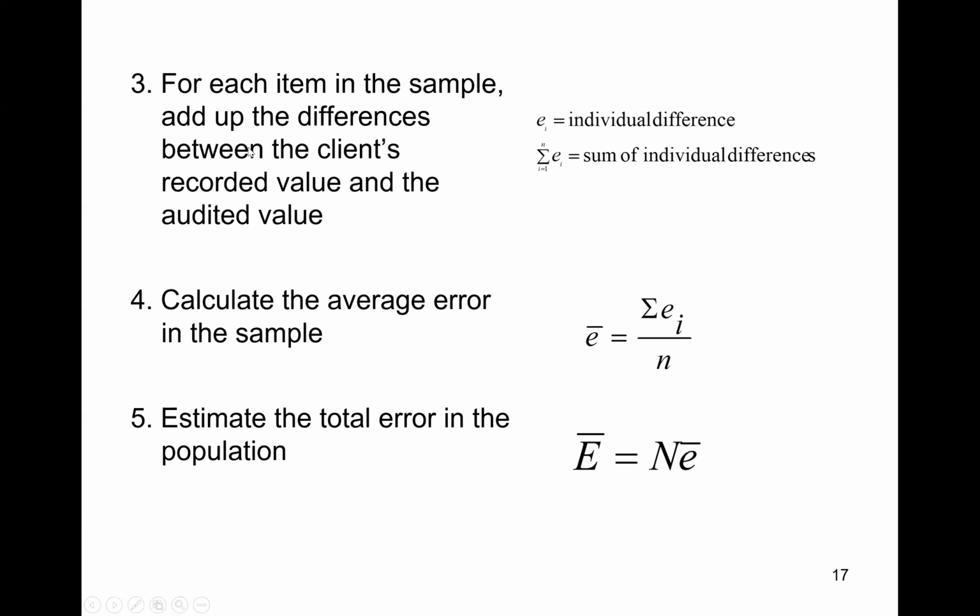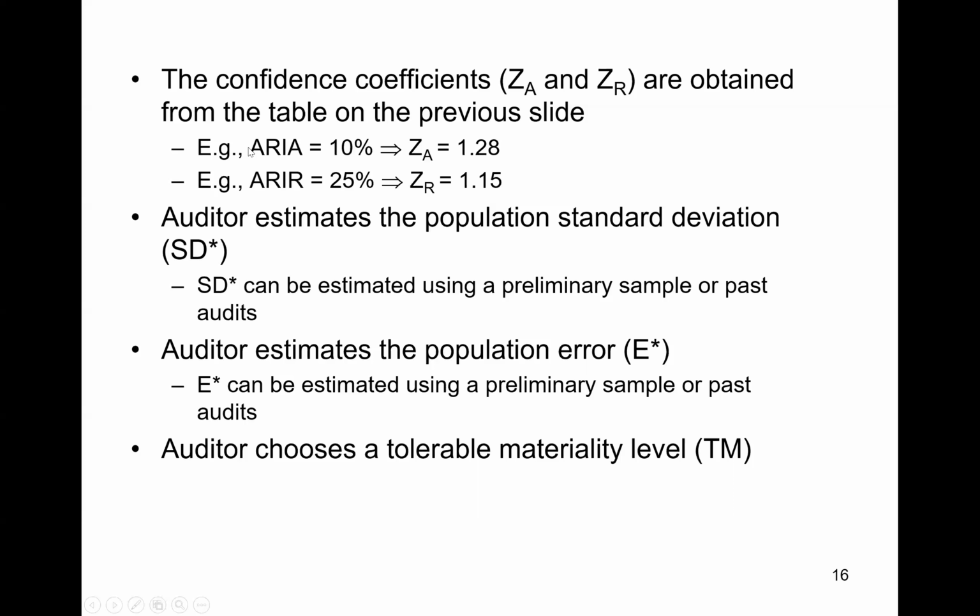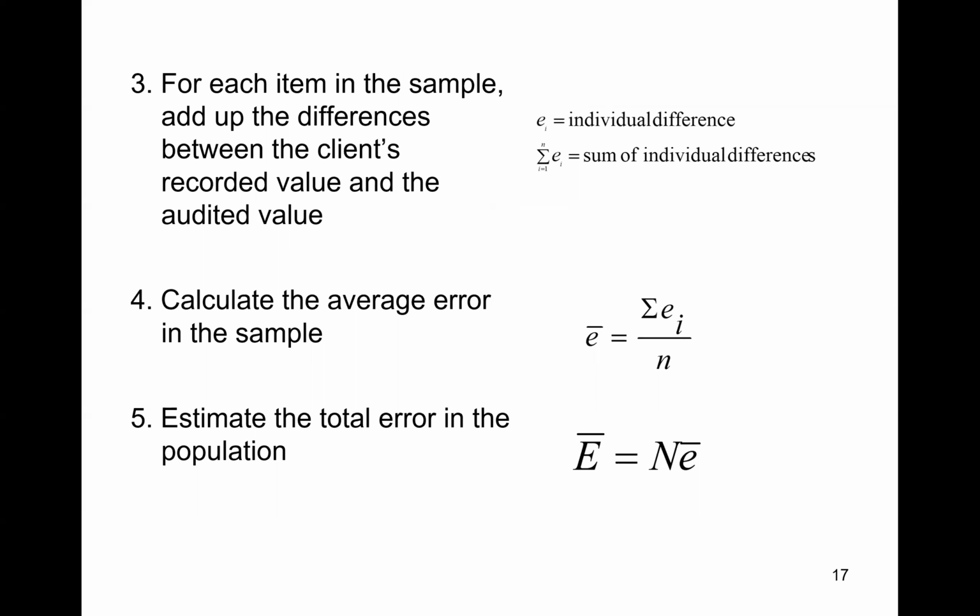Okay, and in the question, if you look at question 1, all of these numbers are given to you, right? You're told what the risk of incorrect acceptance is, the risk of incorrect rejection. You're told what SD star is, what E star is, what TM is, and the population size. So you can just plug those numbers into the formula to obtain the sample size.